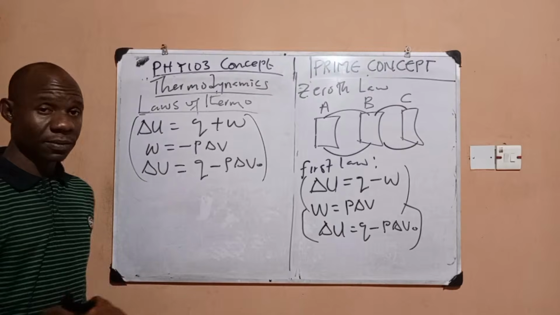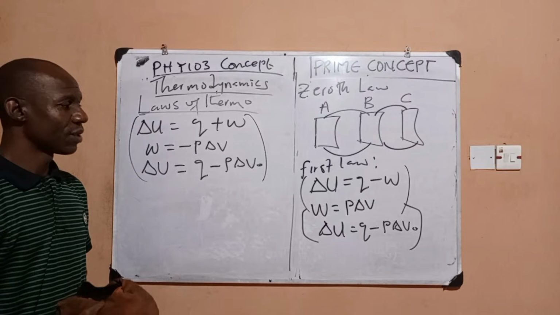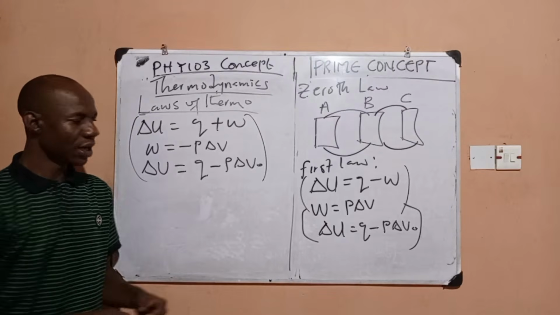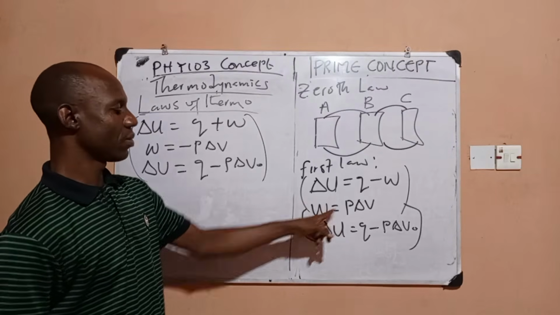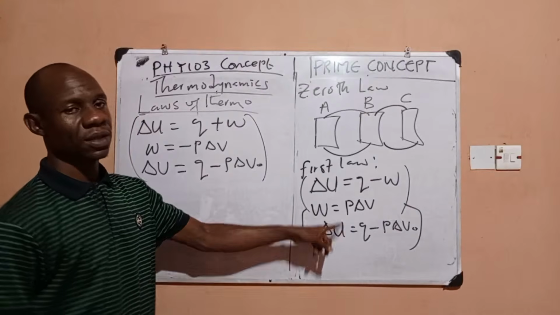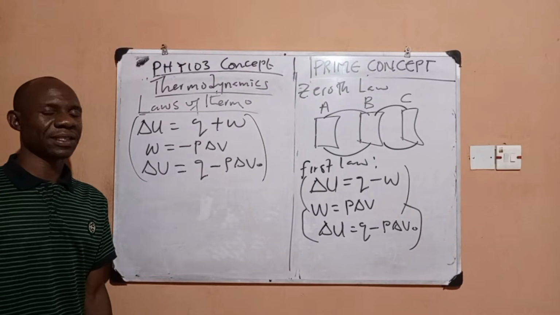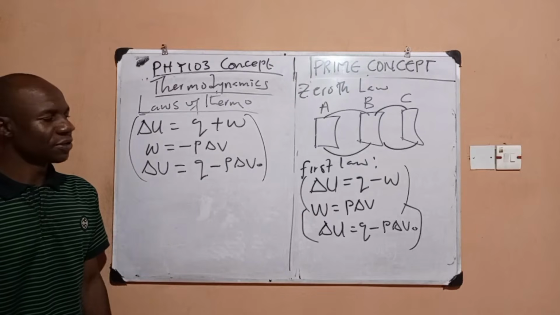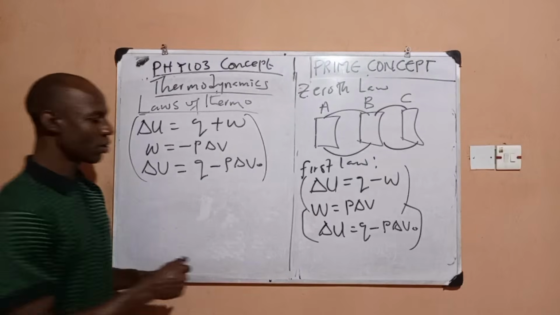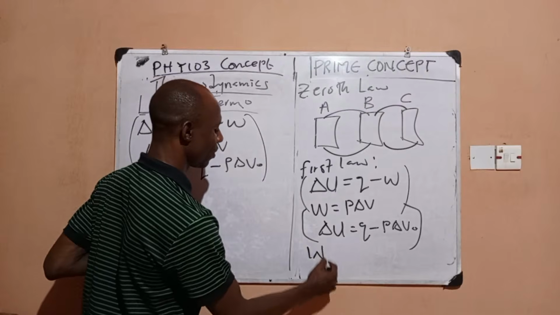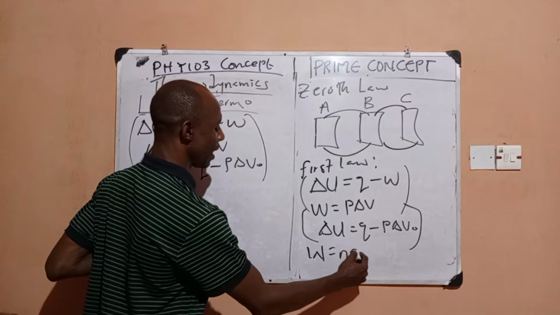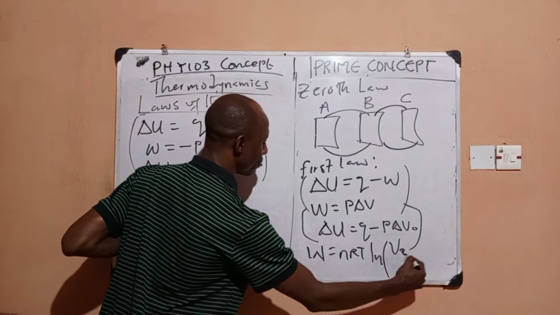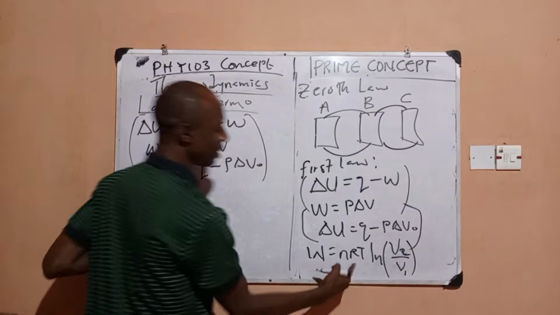Can I move on? So that is first law of thermodynamics, right? And I've given you the formula for work. Work done is this. This work done is work done for irreversible process. Work done can also be given as W equals nRT ln V2 over V1.